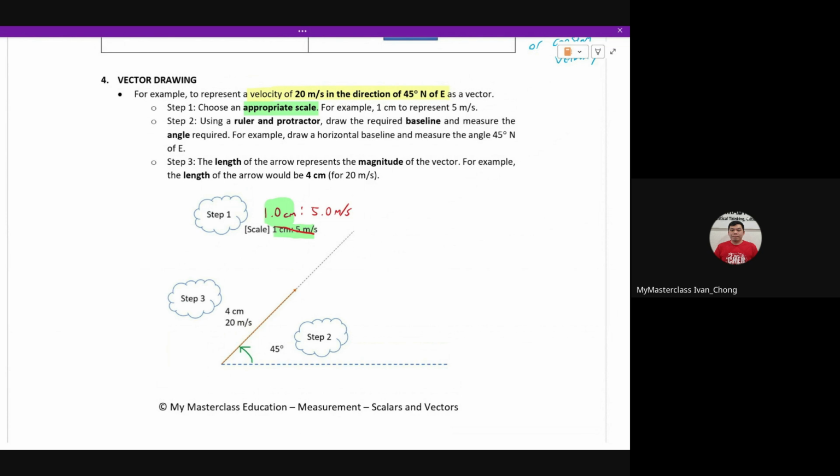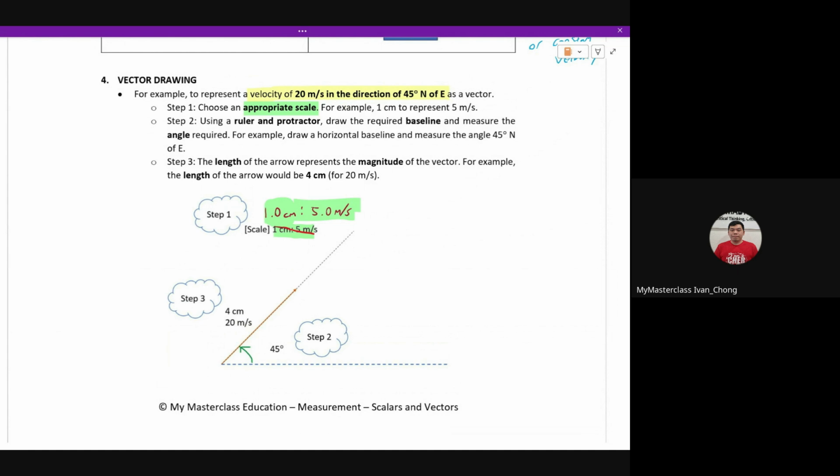You always put your scale with 1.0 cm on the left-hand side, because using a ruler, the smallest division is 0.1 cm. So all your answers when measuring with a ruler must be 1 decimal place. So same thing for this, you want to use the space given to you to actually draw your diagram itself. Okay, so we'll use 1.0 cm to represent 5.0 meters per second.